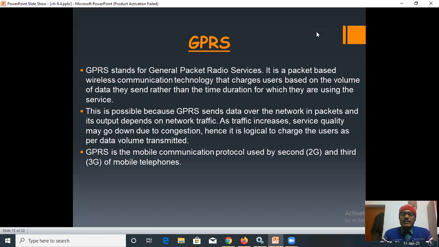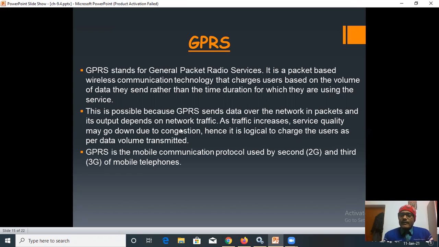Second point, this is possible because GPRS sends data over the network in packets. Now, how is the volume of data calculated? Whenever you connect to the signal, you get the data from the tower, but the data is in packets. Its output depends on network traffic. If there is traffic on the network, your internet is slow, it means you are receiving the packets slowly.